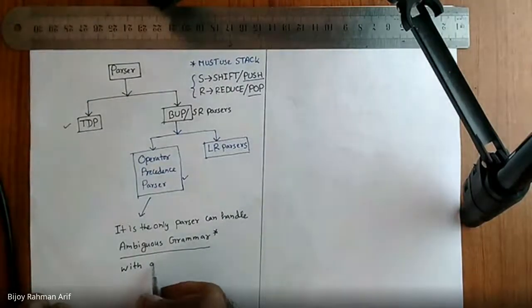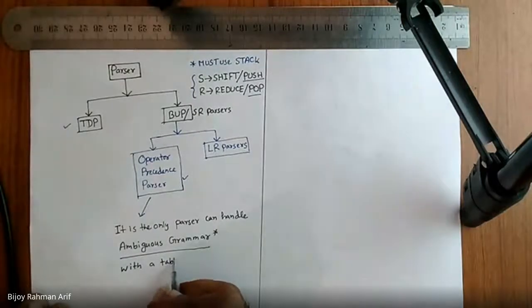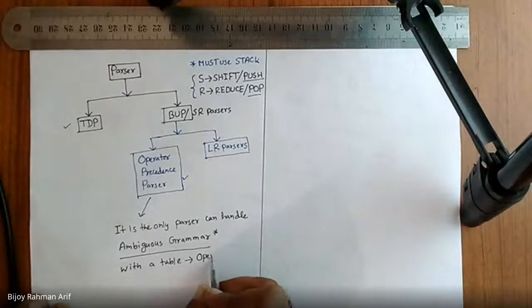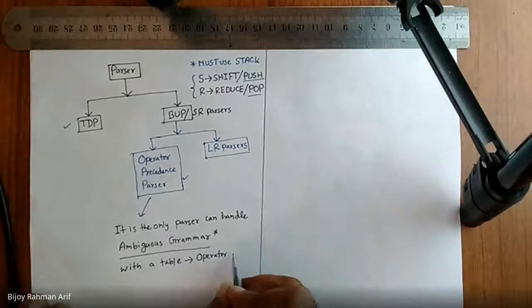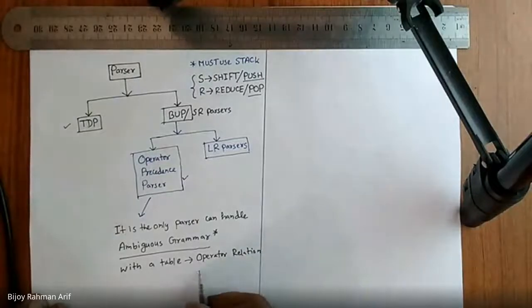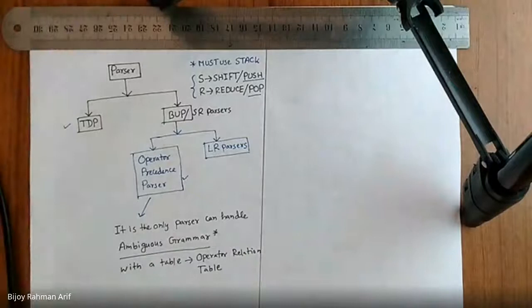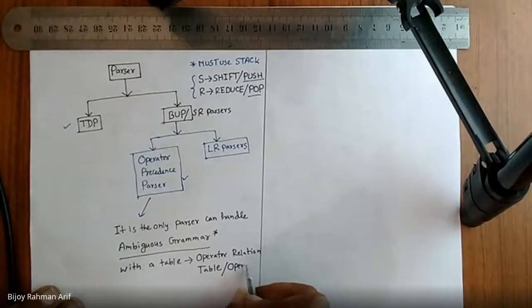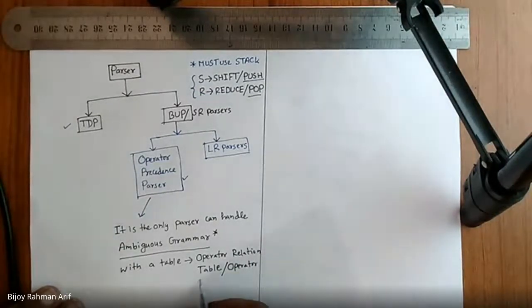Yes, it can handle ambiguous grammar with the help of a table called the operator relational table, or sometimes we also use an operator relational graph.